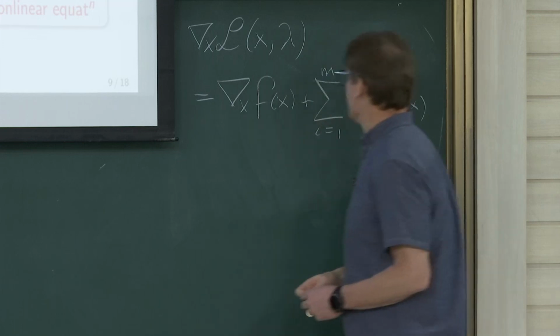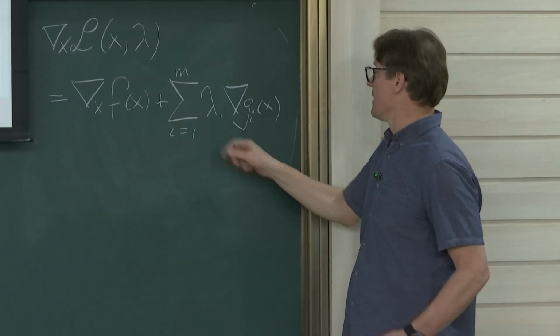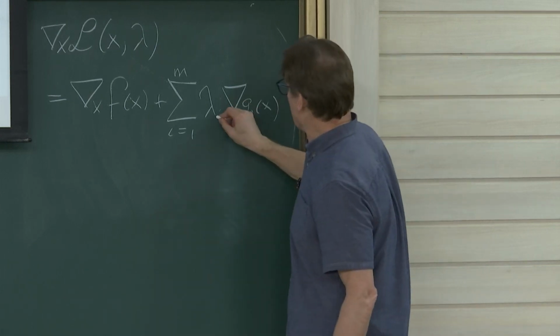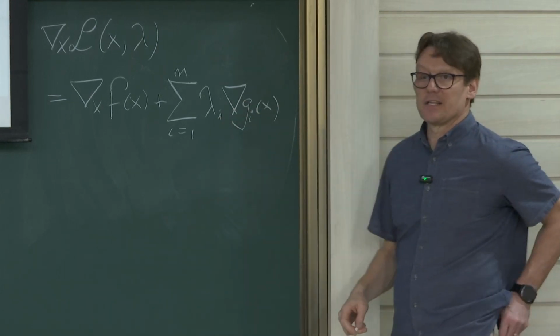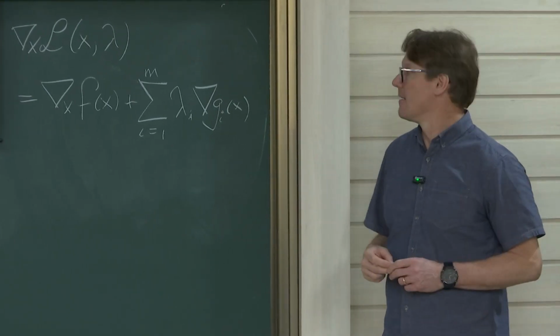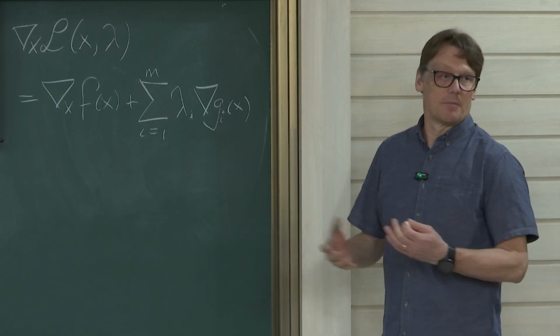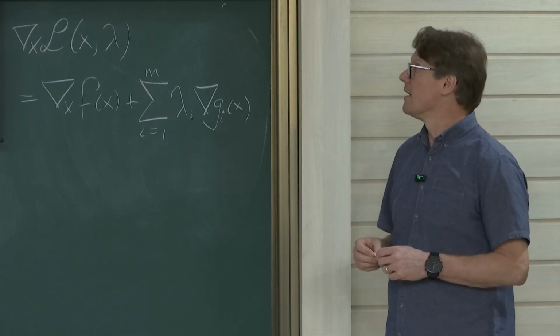One way of thinking about this is that I can write this as a negative combination of gradients of the Lagrangian. I have a picture in the next lecture that illustrates that a little bit. And these lambda i's are the optimal multipliers that also tell you which constraints are active.